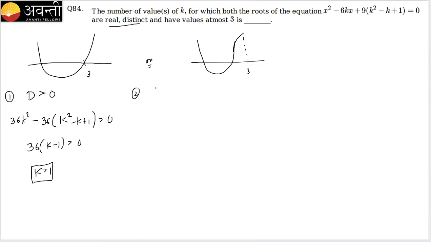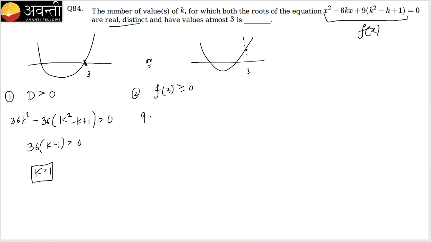What is the answer of the second case? That f of 3, the functional value at 3, can be 0 also and should be greater than or equal to 0. The graph got a bit wrong here. Actually this graph should be like this, so it will be greater than or equal to 0. So f of 3, if I put it here, what will I get? Obviously this is f of x.